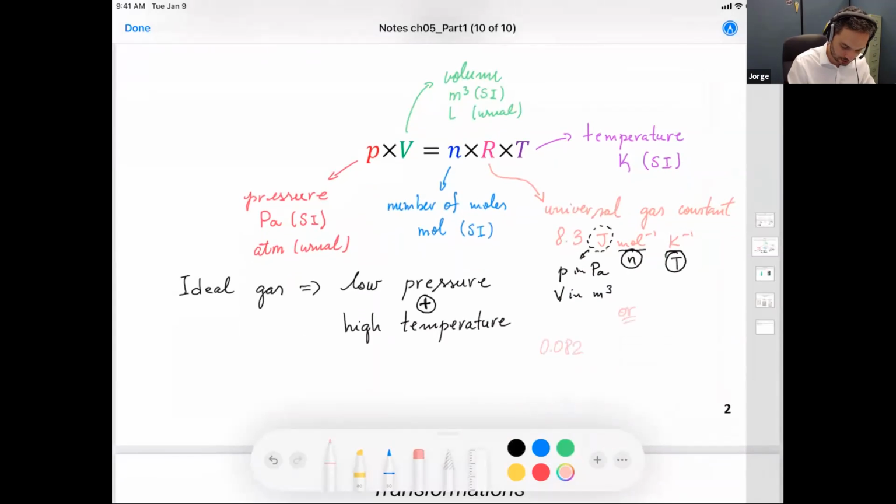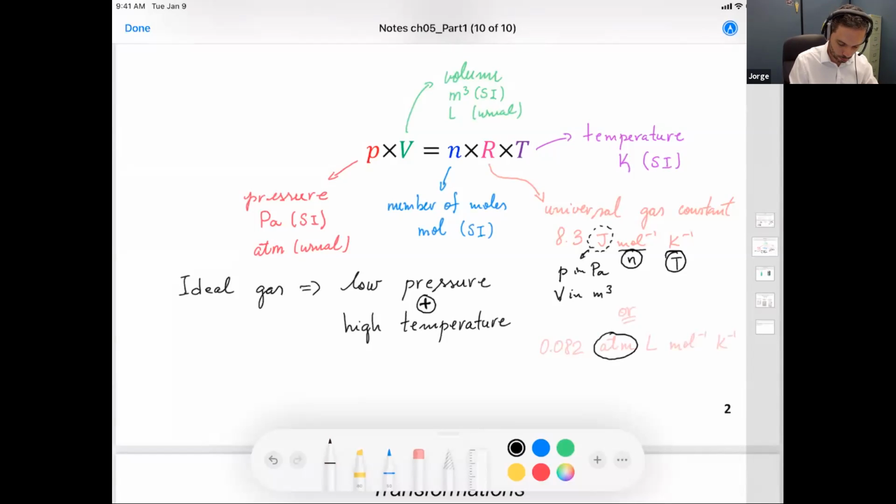And the units here are going to be ATM times liter per mole per Kelvin. Again, look at the units of the constant, and then you will figure out all the other units in the formula.